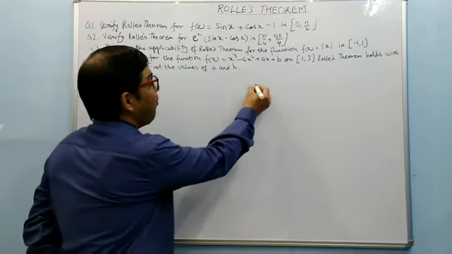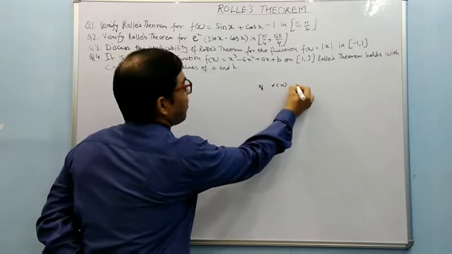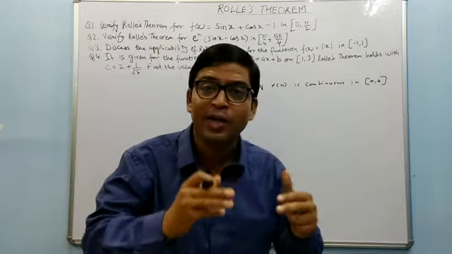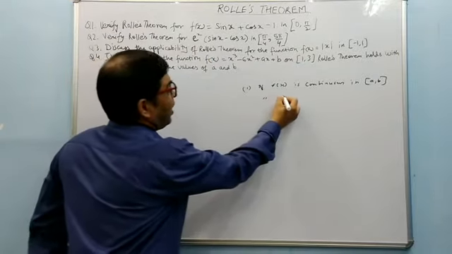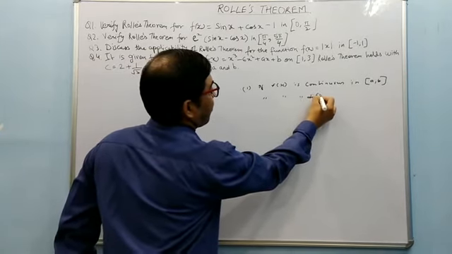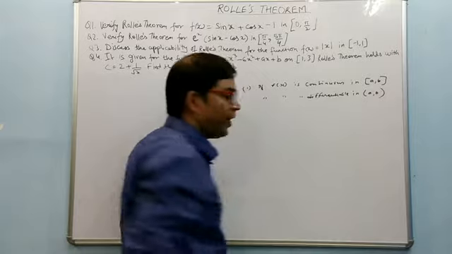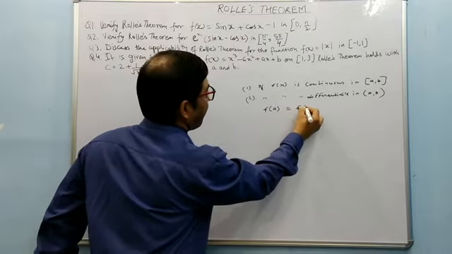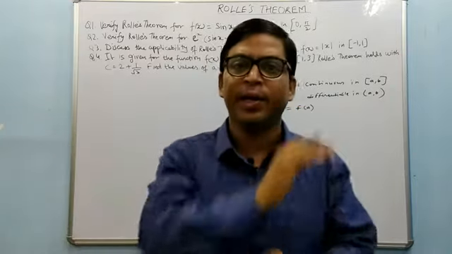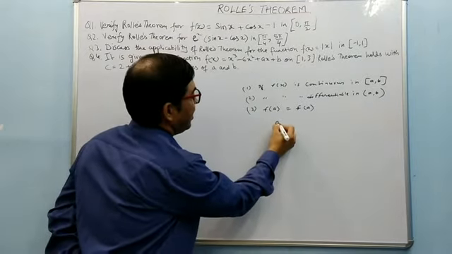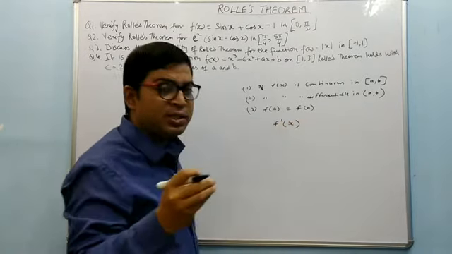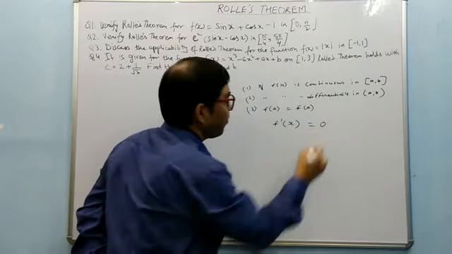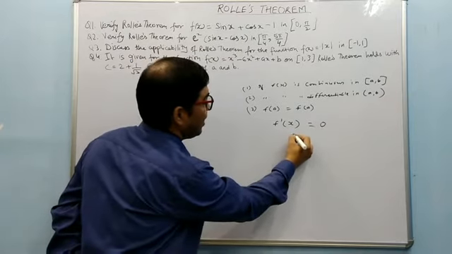See here. If a function is continuous in the closed interval a comma b, if the function is differentiable in the open interval a comma b, and f(a) is equal to f(b), if these three conditions are satisfied, then f dash x, that means the value of x which makes its derivative 0, we take as c.